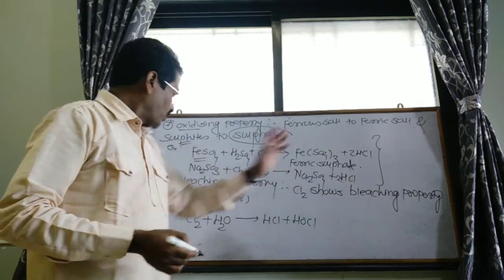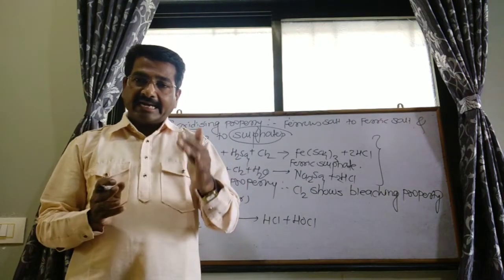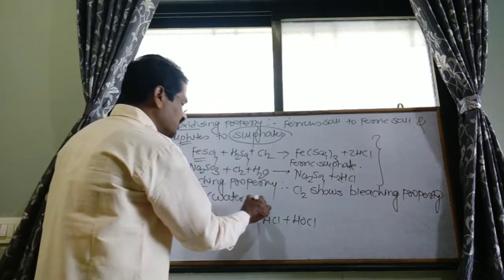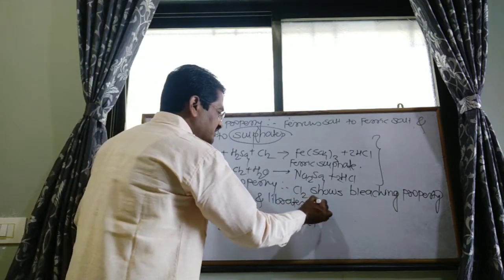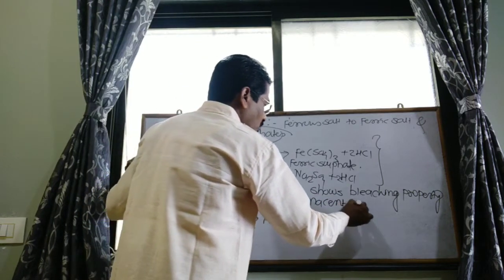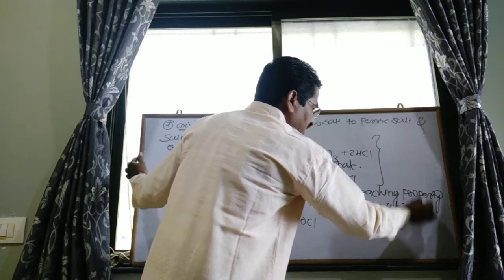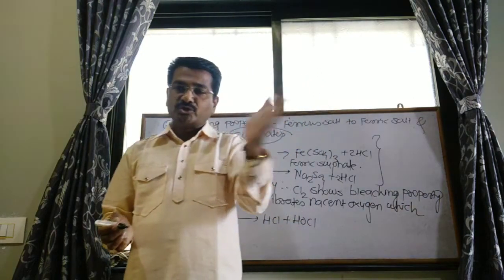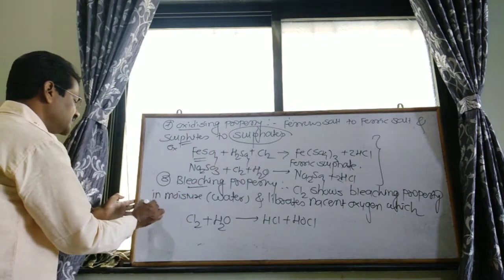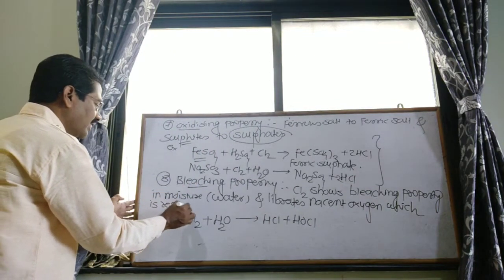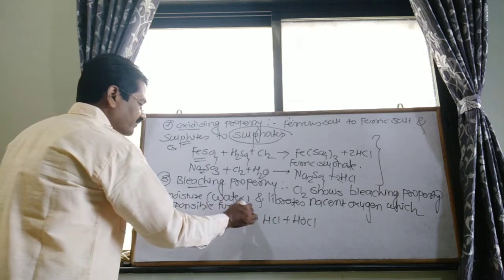Chlorine shows the bleaching property in water and liberates nascent oxygen, which is responsible for bleaching.